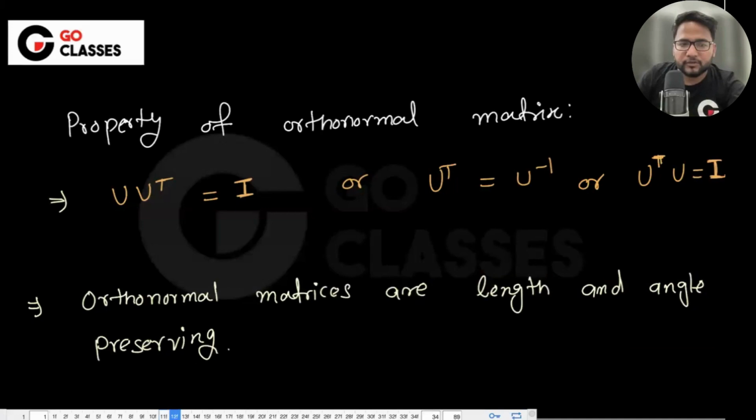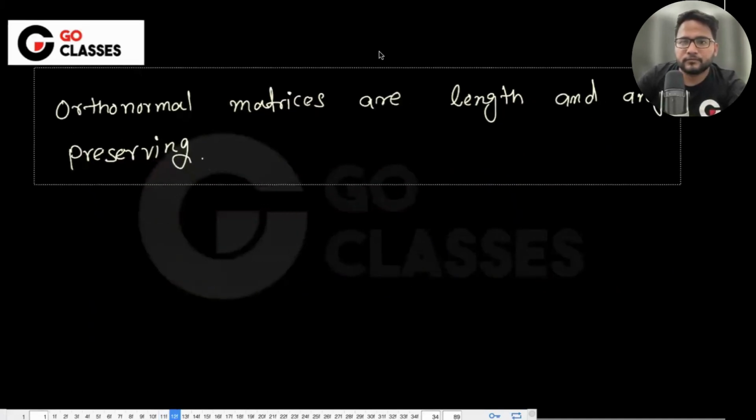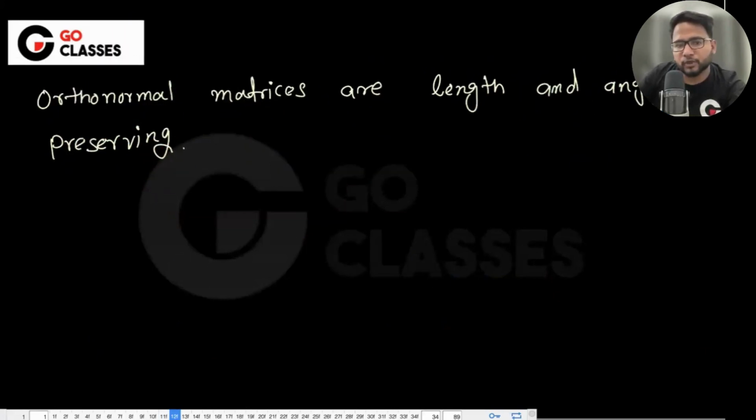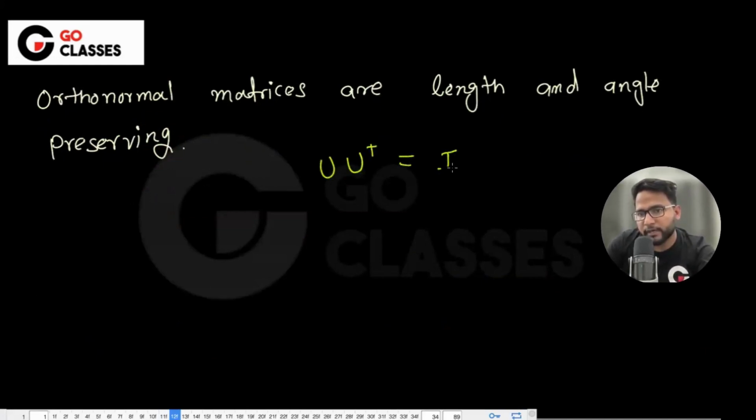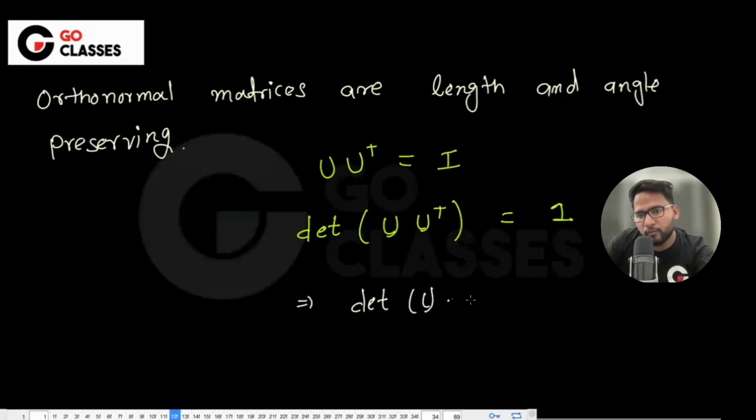So see what I'm saying here is, let's suppose you have some orthonormal matrix U. First, tell me, is it okay to write U into U transpose equal to identity? You take the determinant on both sides. The determinant of identity is, I think, one, right? Everyone knows this. So from here, you can also say the determinant of U multiplied by the determinant of U transpose is one.